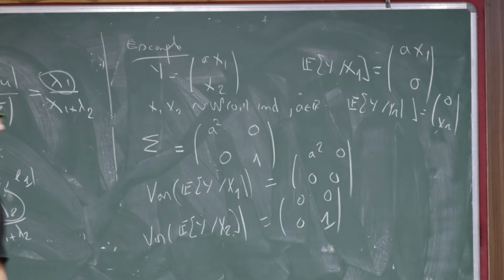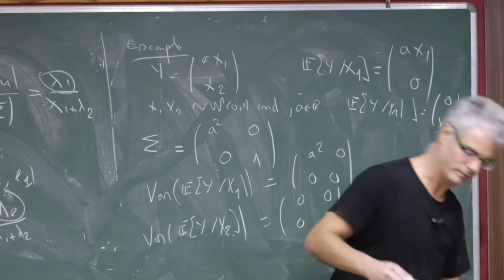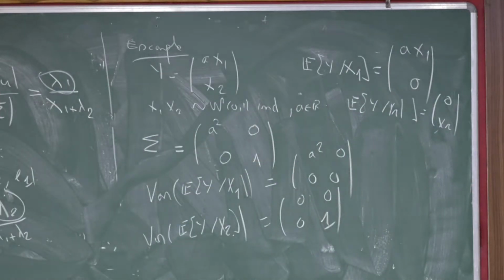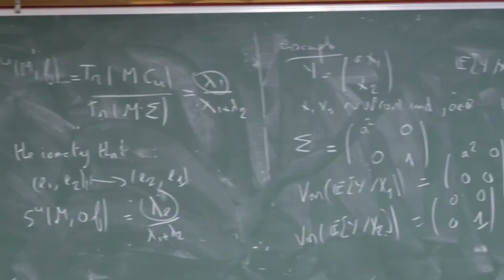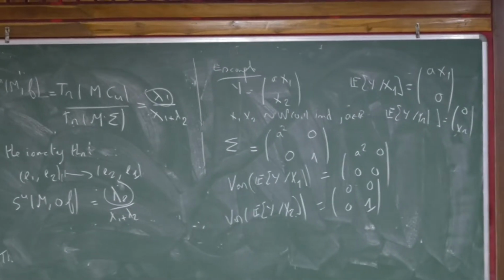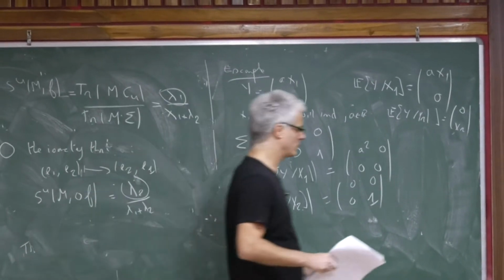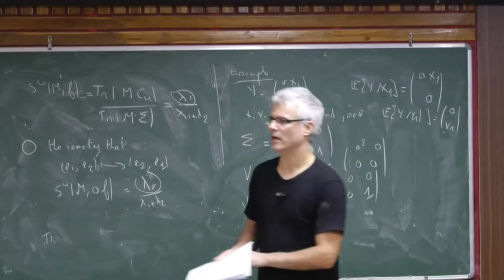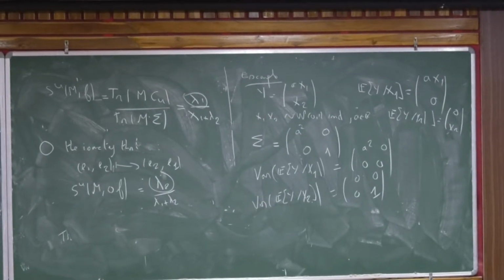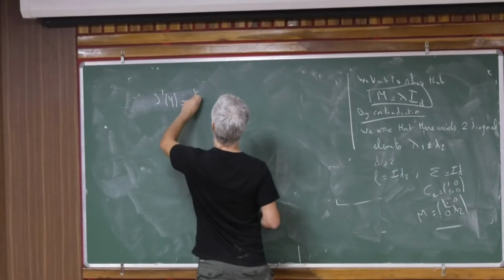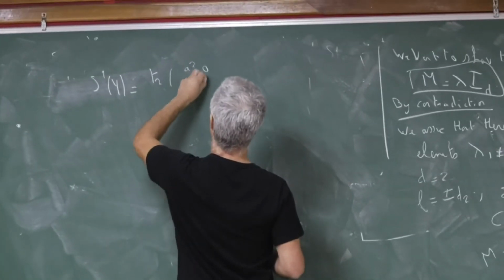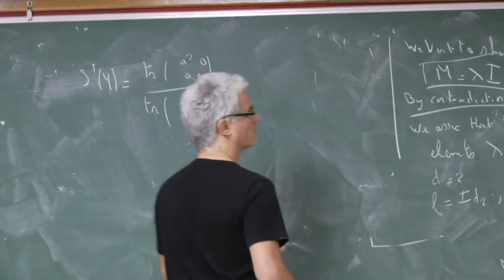So now I can compute my index. What would be S1 of y? It's just the trace of this matrix divided by the trace of the covariance matrix.